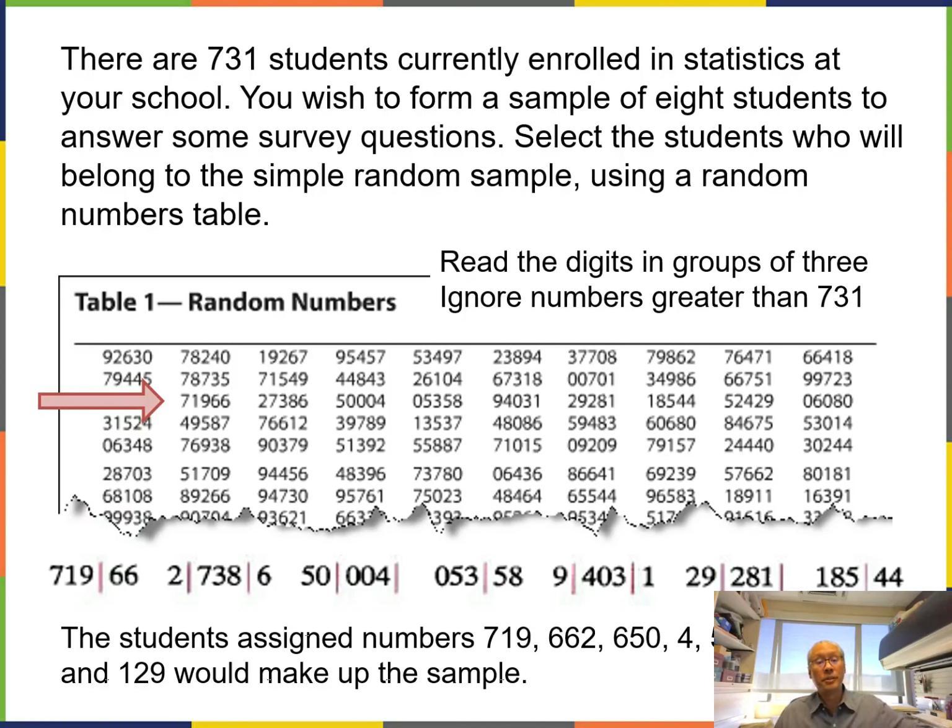You can also collect a bunch of random samples from a random number generator, where you would collect random numbers. If you assign a student a particular number, and then generate as many random numbers as you want or need, then you can identify your random sample that way.